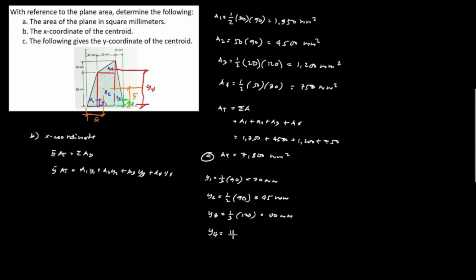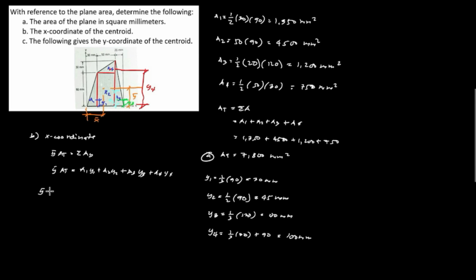So 1/3 of the height of the triangle, which is 30, so 30 times 1/3 plus 90 millimeter, and it is equivalent to 1/3 of 30, that's 10, plus 90 or 100 millimeter. So we have now the values for y1 30, y sub 2 is 45, y sub 3 is 40, and y sub 4 is 100 millimeter.